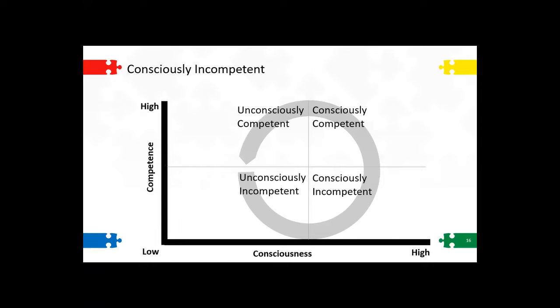And those elements are, firstly, how skillful are they in a task or a scenario? So their competence level. And secondly, how aware are they of their level of skill, their consciousness level? So for those of you who may not be so familiar with this particular model, competence is a function of the person's task knowledge and skills gained either through formal education, on the job training, or just sheer experience.